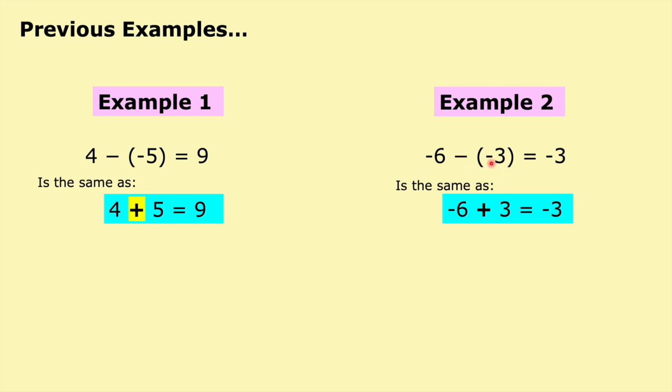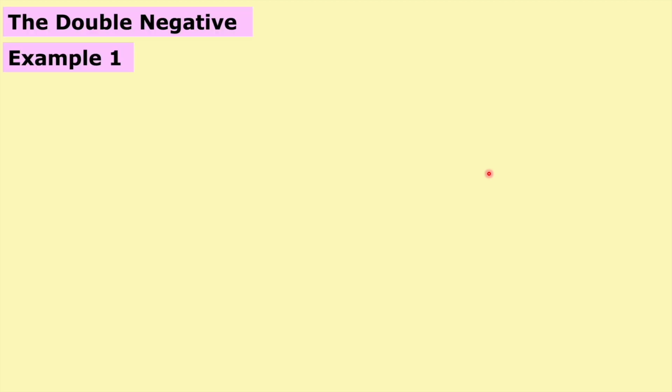So let's look at a couple more examples using this slightly quicker method, but you can absolutely still use your number line to help you. So the double negative, first example, I'm going to do 12 subtract negative 5. But because I now know that if I'm subtracting a negative, I'm doing the opposite, so I'm going to be moving right rather than left.